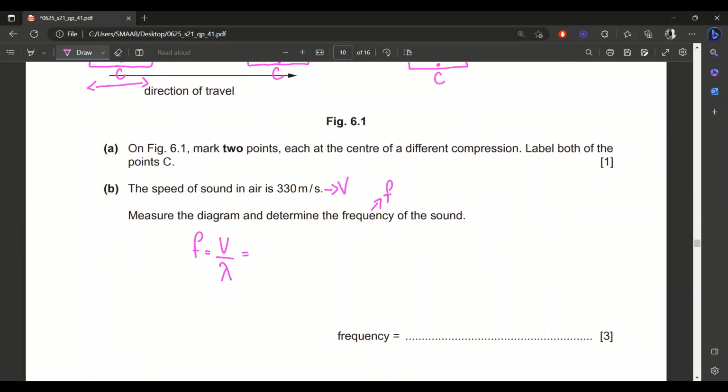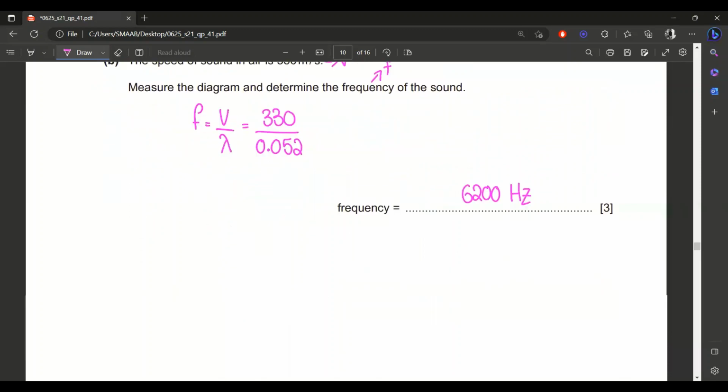So V is equal to 330 meter per second divided by the wavelength, that is 0.052. So that will be equal to around 6200 hertz. You may calculate according to your length, because in the marking scheme it was ranging between 6200 to 6500.